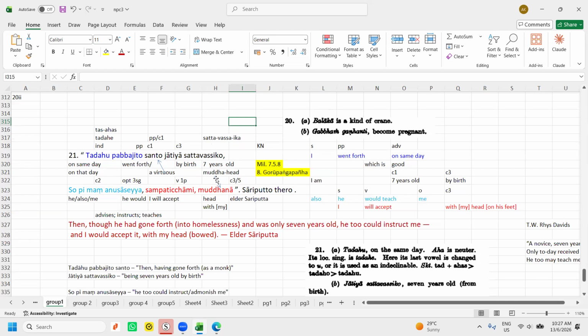So if you look at this line, the subject, if you go to the next line, so pi mang anuseya. Can you see this one? Sampatichami.